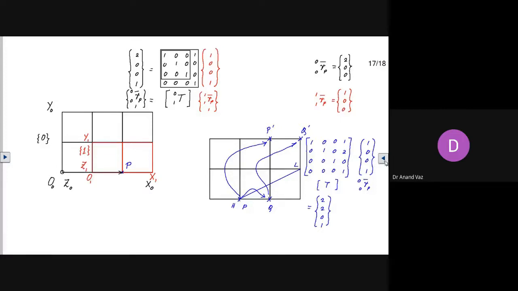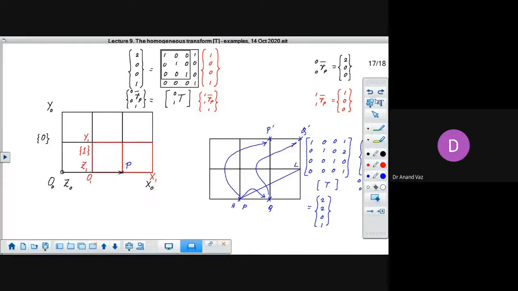another location. How can you do that? You will have to translate the location of the point H here. You have to translate the location of the point L here, and that can be done using a transformation matrix. So how do we do that? So you will have to write down the orientation of the position vector of the point H and L, and then you'll have to operate those position vectors with the transformation matrix.